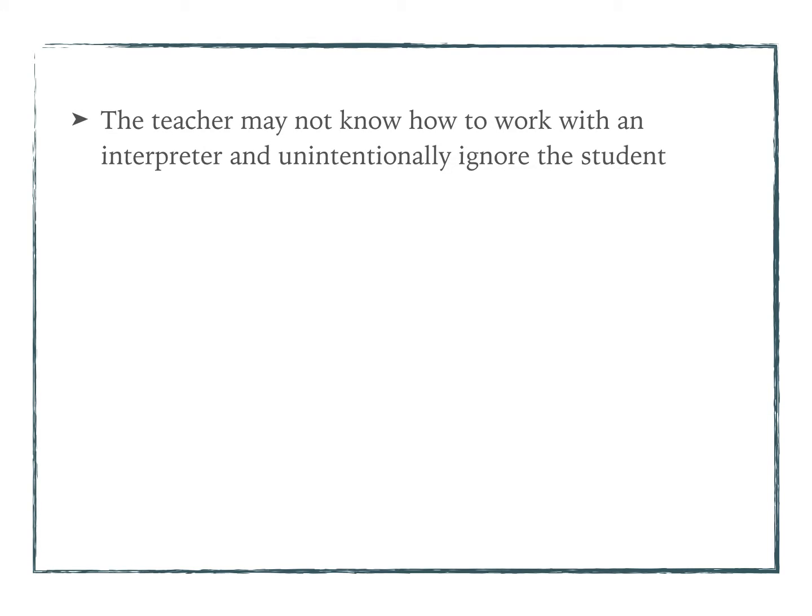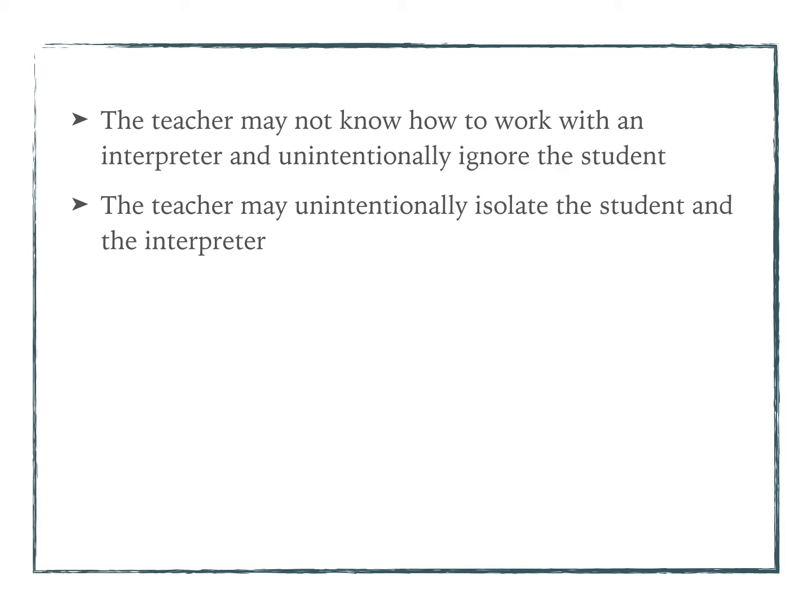Also, boundaries can become difficult because the teacher may not know how to work with an interpreter and may unintentionally ignore the student. Or similarly, the teacher may unintentionally isolate the student and the interpreter because the two of them work together. The teacher might direct their focus to the other students and just assume that the student and the interpreter are okay on their own.